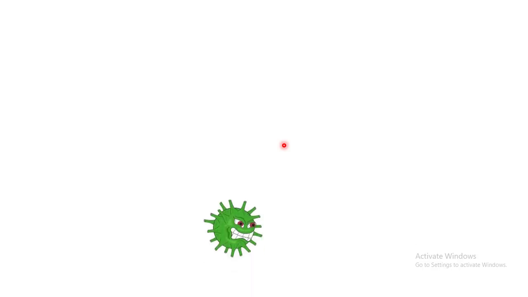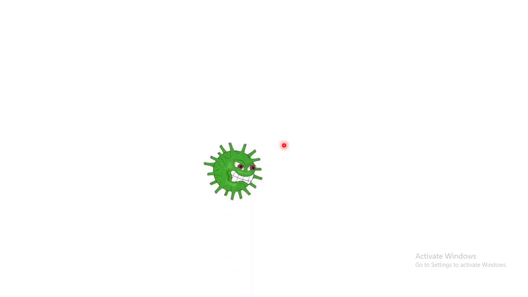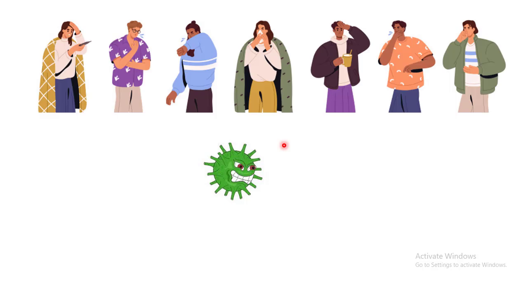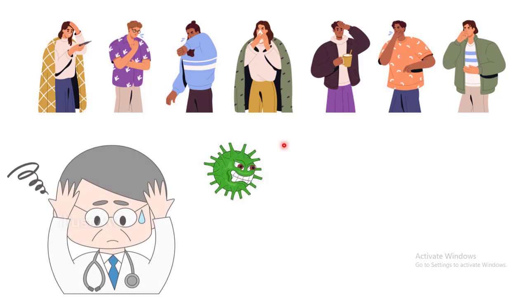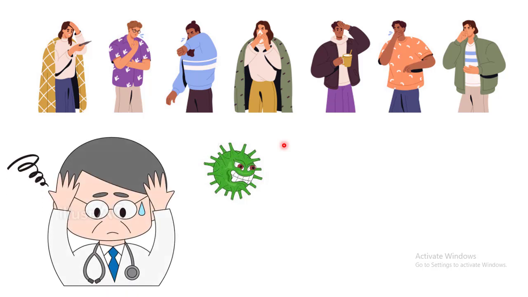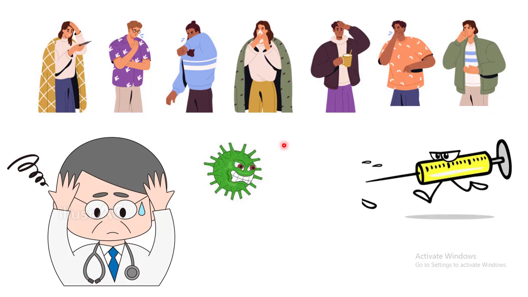Now, imagine a scenario where there is a new deadly virus in the city that is affecting the whole population, and the people are getting sick. As the virus is new, the doctors are very worried about how to tackle this particular viral condition. Fortunately, the scientists come up with a vaccine against this new virus.